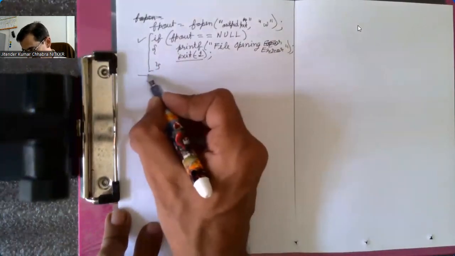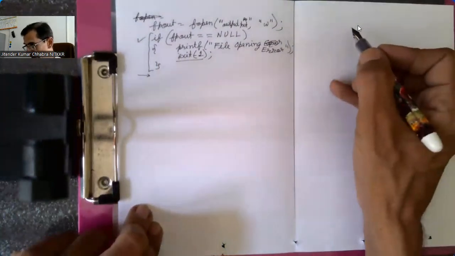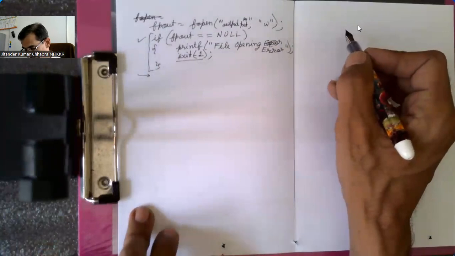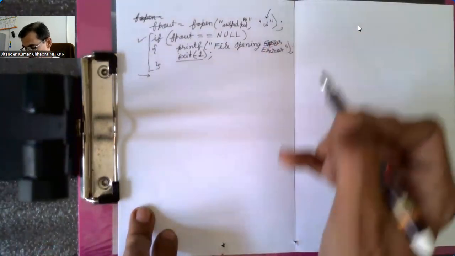Otherwise, coming here means the file has been opened cleanly. So the file has been opened and now it can be used. I want to write into the file. So W means write into file.